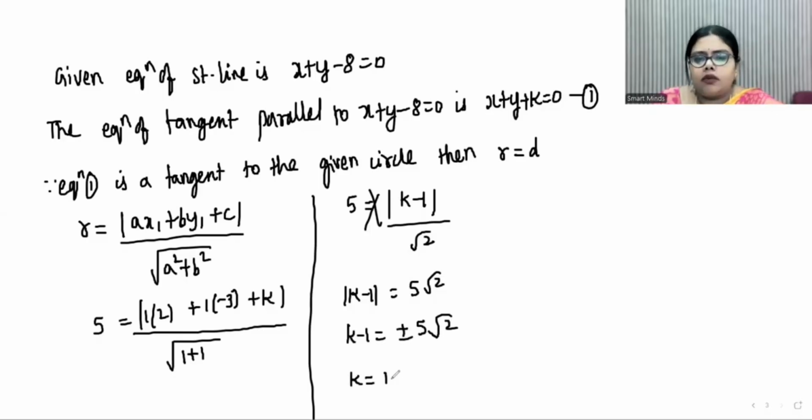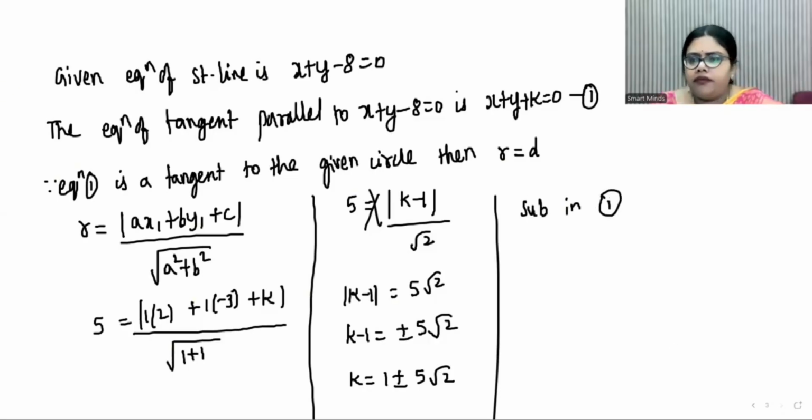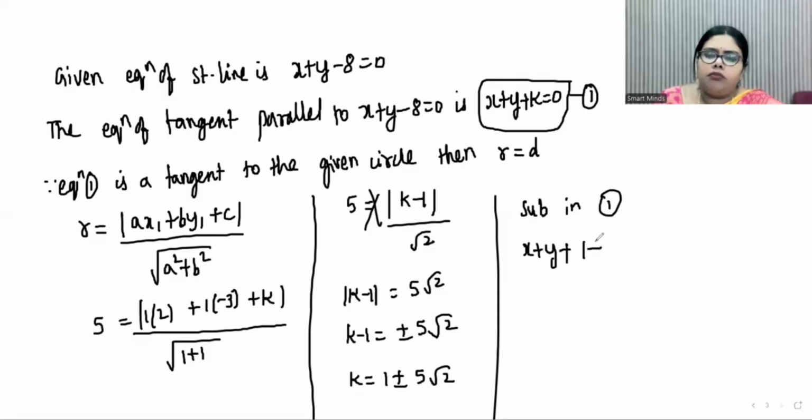So k is equal to 1 plus or minus 5 root 2. Now we need to substitute this in equation number 1. We have taken this as equation number 1, right? You can see this. Now substitute: x plus y plus 1 plus or minus 5 root 2 equals to 0.